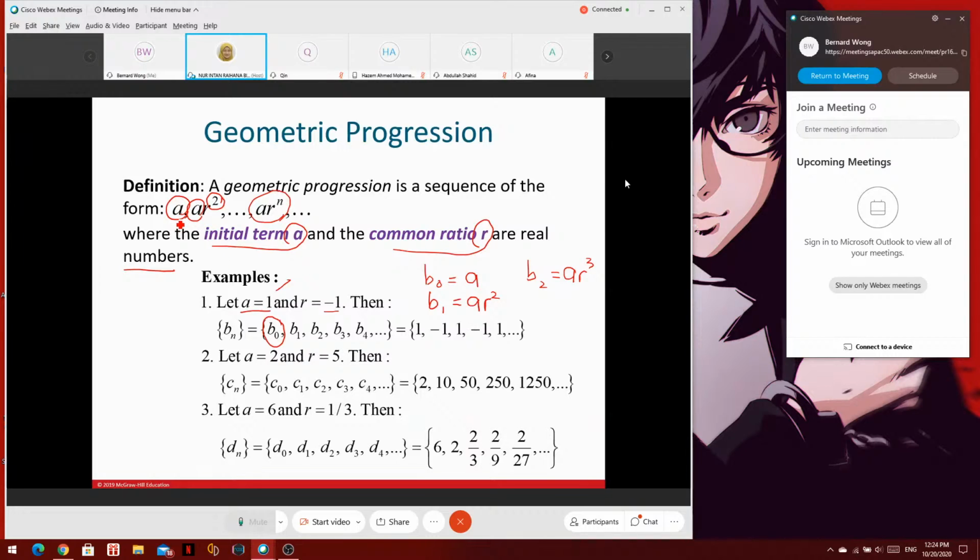So this is the initial term a and common ratio r, and in the list, the power of r adds up by 1.